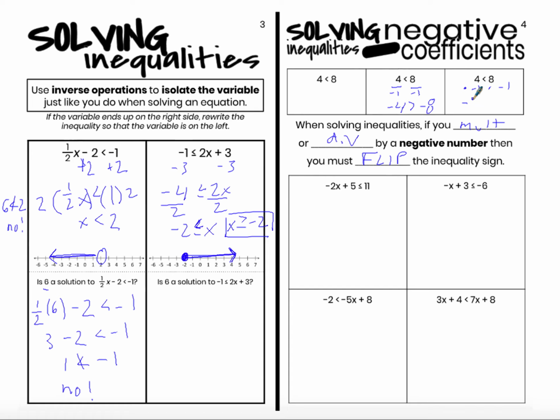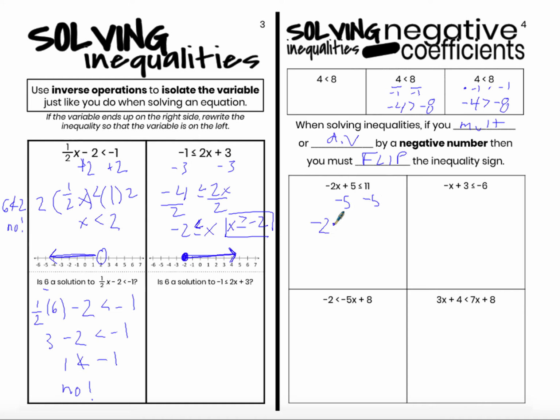4 is less than 8, but just like we did there, negative 4 is greater than negative 8. So when we multiply or divide by a negative, that flips our sign. We go from positive to negative or negative to positive, and therefore my inequality relationship flips. When you multiply or divide by a negative, you need to flip the inequality symbol. Let's just do an example here.